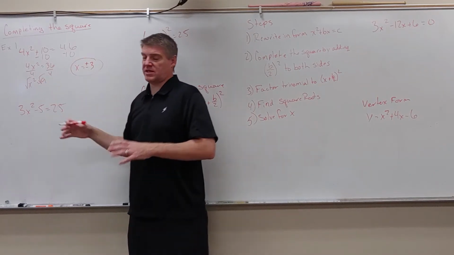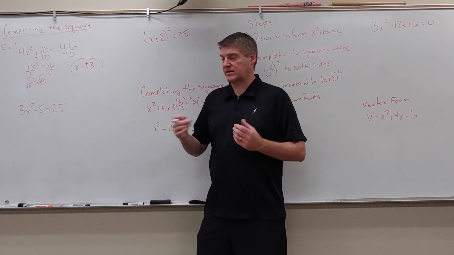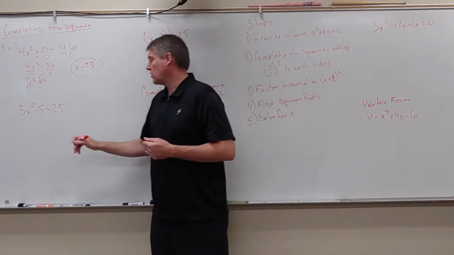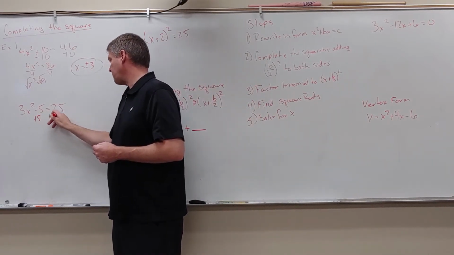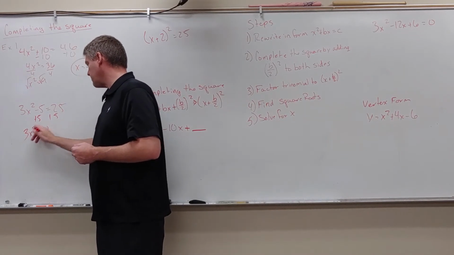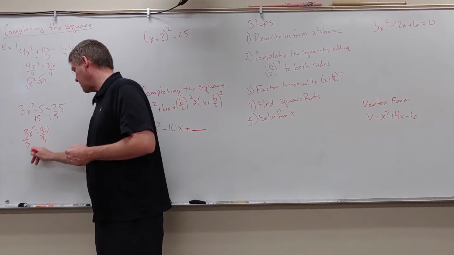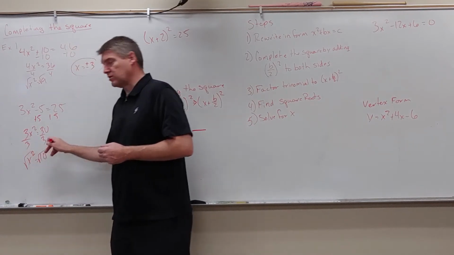So anytime I'm going to take a square root, remember we want to incorporate both sides of it, the positive and the negative. So the next one, I'm going to solve the same way. I'm going to add 5, 3x squared equals 30, divide by 3, x squared equals 10. I'm going to square root both sides.